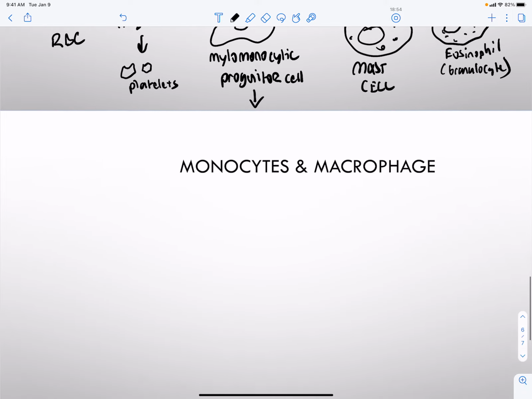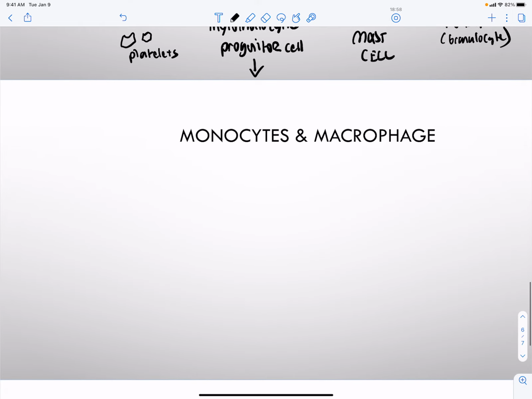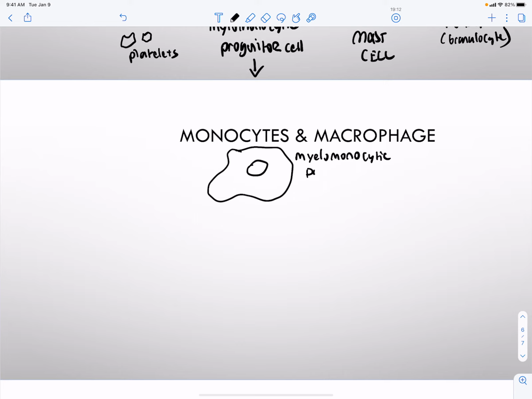Okay, so then we also have that myeloid monocytic progenitor cell. So let's draw that guy. And now this cell is going to give rise to our neutrophils.